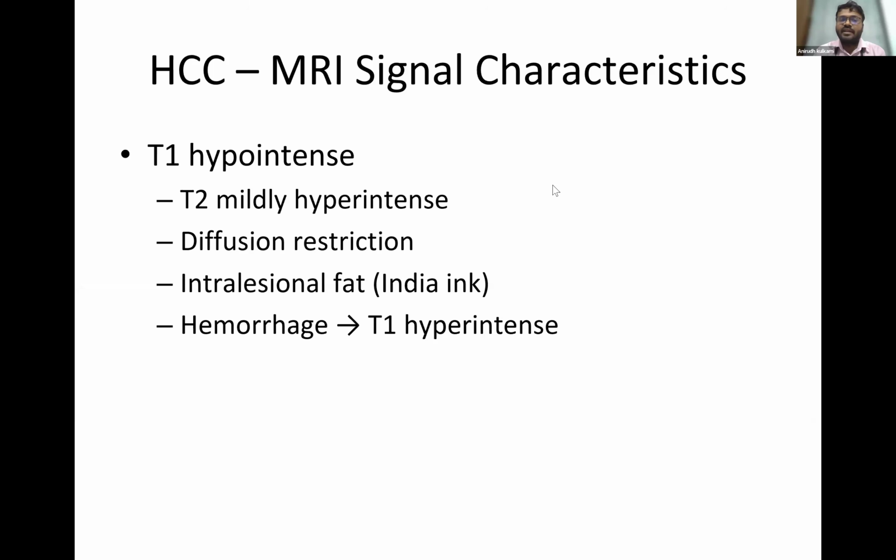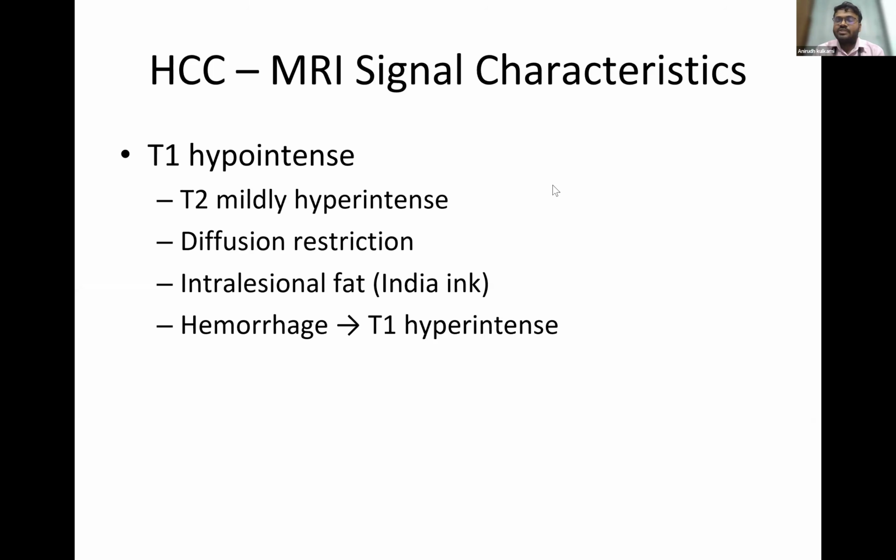Coming to MRI: T1 hypointense, T2 mild hyperintense. Diffusion restriction, intralesional fat can be there, and if there is hemorrhage, it will be T1 hyperintense. Regenerative nodules are T2 hypointense.